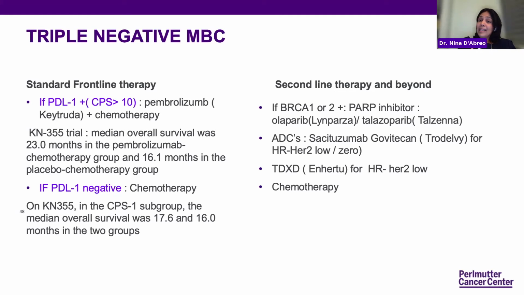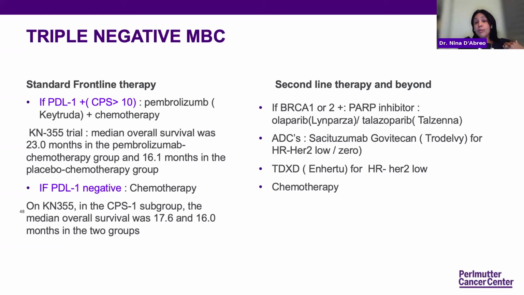Unfortunately, if the PD-L1 is negative, we still currently use chemotherapy, but this is where clinical trials make a huge difference for our patients. But even with just chemotherapy, the survival was actually 17 months in both groups. So even though the immunotherapy didn't help, patients did get a fairly long survival and then moved on to the next therapy.